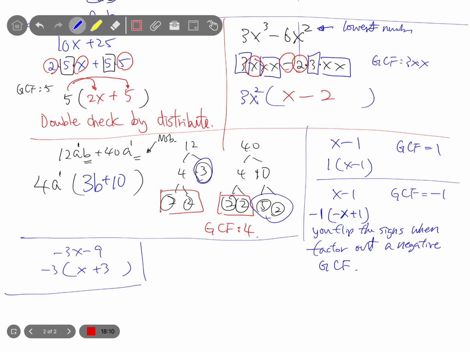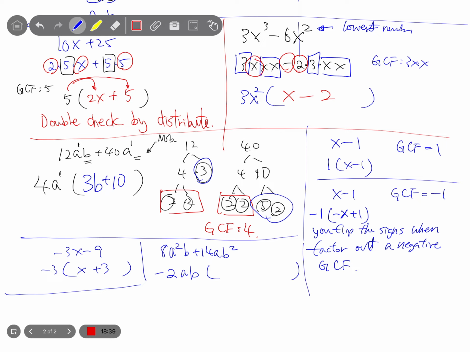On the last part, you have 8a squared b plus 14ab squared. Looking at 8 and 14, I can tell that 2 is the only thing that works, so I'm going to factor out a negative 2. The way to deal with the letters doesn't change, so I still have ab, where for a and b, the lowest power is 1.